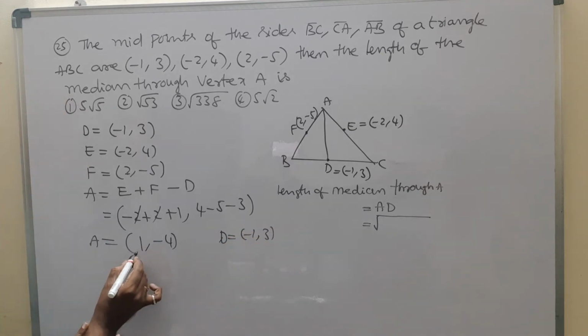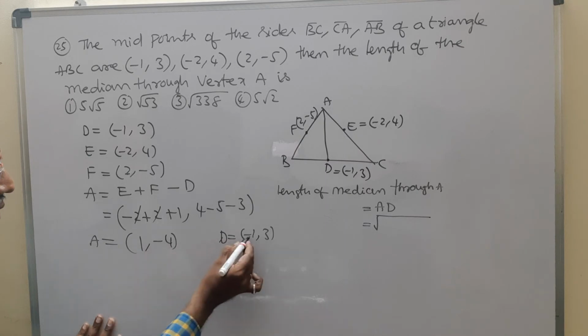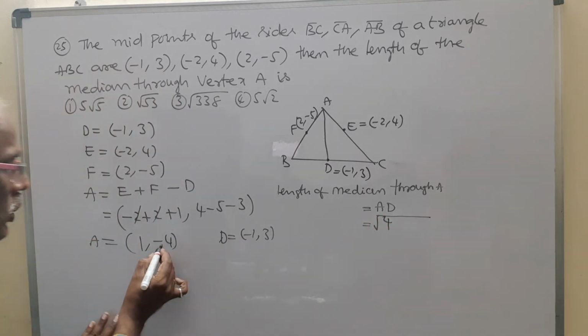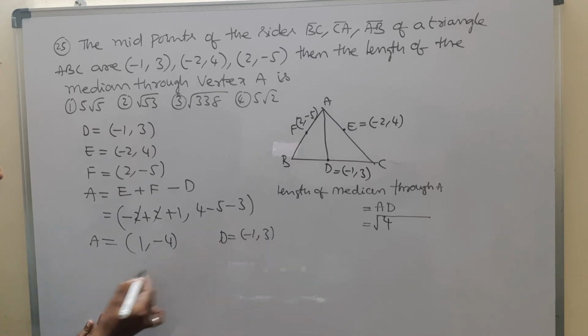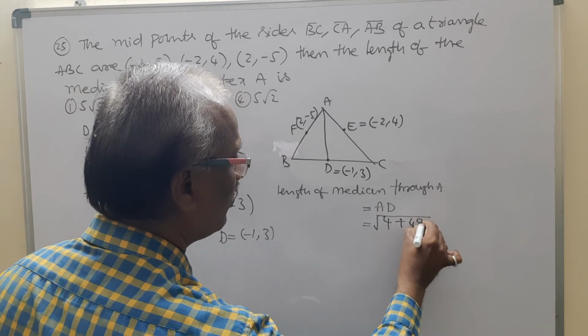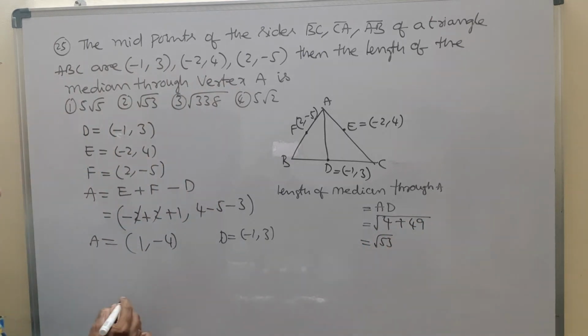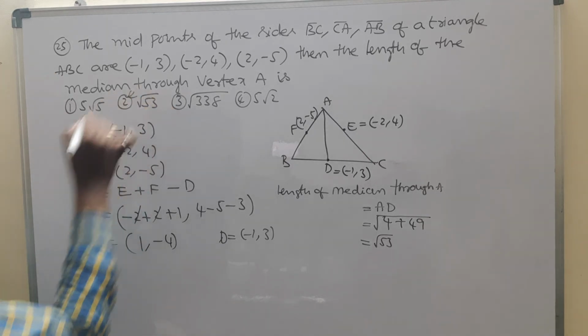Applying the distance between two points: 1 minus (-1) is 1 plus 1, 2, 2 squared 4. Next -4 minus 3 is -7, whole square 49. 4 plus 49 is 53, square root of 53. Here the square root of 53, the second option is correct.